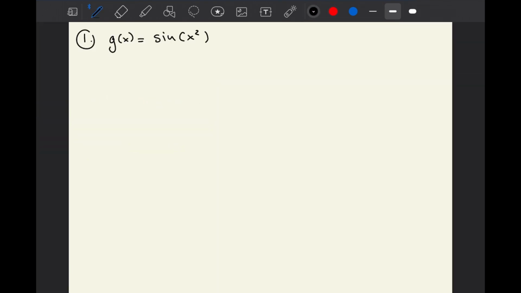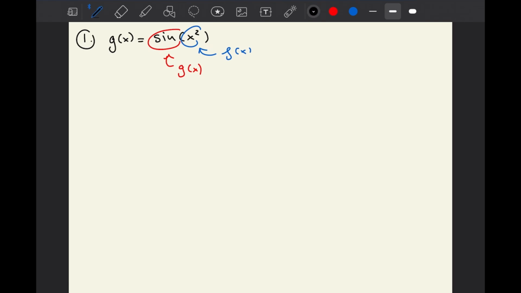So our first example is we want to take the derivative of g of x, which is sine of x squared. And what you have to do is realize that the x squared is your f of x, and the sine of x is your g of x. So what do we do?